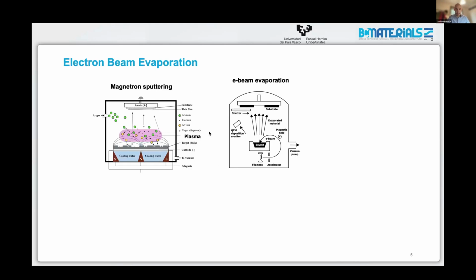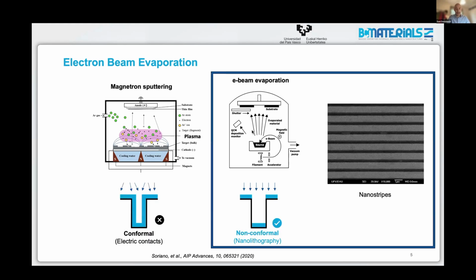There are two main mechanisms to fabricate those samples. Those are magnetron sputtering, that has been more widely studied, and also electron-beam evaporation. But the reason to stay with electron-beam evaporation is due to the deposition geometry, that is a non-conformal one, since the evaporated atoms, the incident atoms to the substrate, to the sample, will come in a very unidirectional direction compared to the conformal geometry from magnetron sputtering.